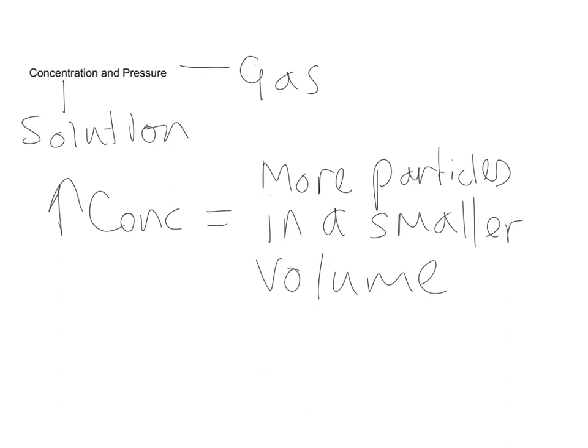Therefore, if you've got more particles in a smaller volume, we should expect the number of collisions to increase. Now we haven't had any effect on the energy here, but because there are more collisions, the chances that there are more successful collisions are higher, and therefore the rate increases.